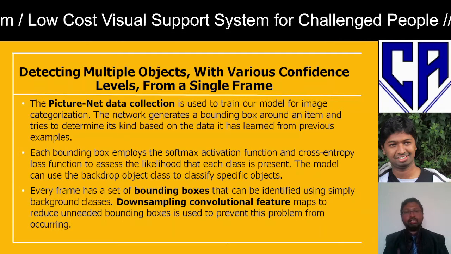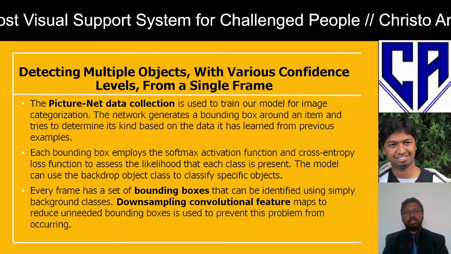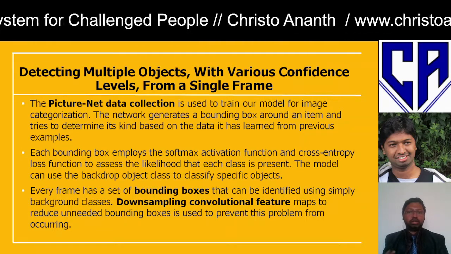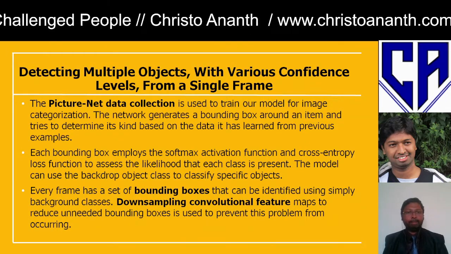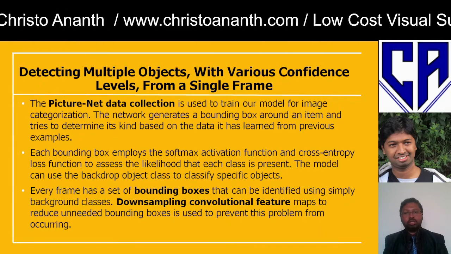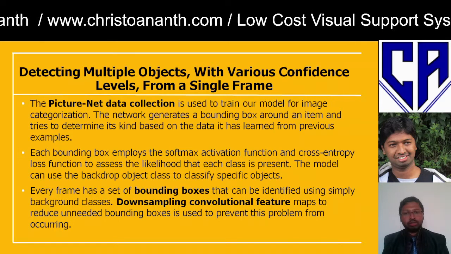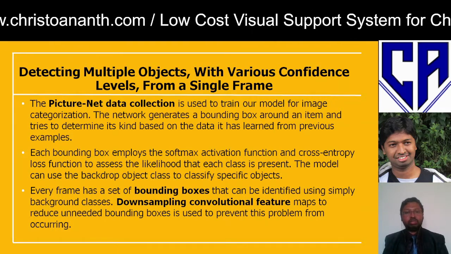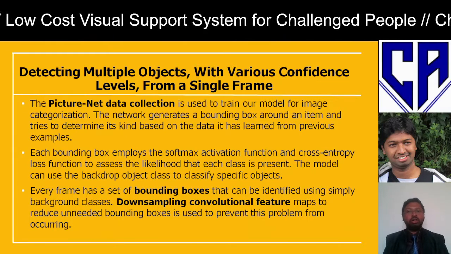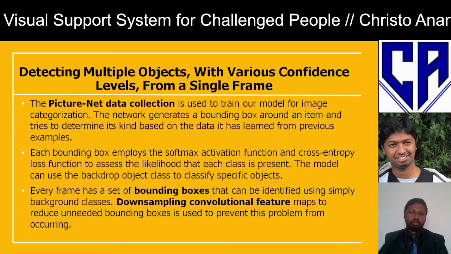It will be assessing the likelihood of which class is present, and the model can use the background object class in order to classify the specific objects. So every frame will have a set of bounding boxes that can be identified using simple background classes, and downsampling the convolution feature map is going to reduce the unneeded bounding boxes, which prevents this problem from occurring.